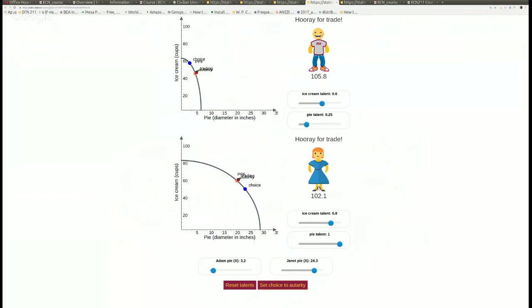I said, because the slope in Adam's diagram of the production possibility frontier is steeper than in Janet's diagram, reducing pie production in Adam is giving us more ice cream per pie not produced on Adam's side than the amount of ice cream that Janet sacrifices when she produces one more pie.